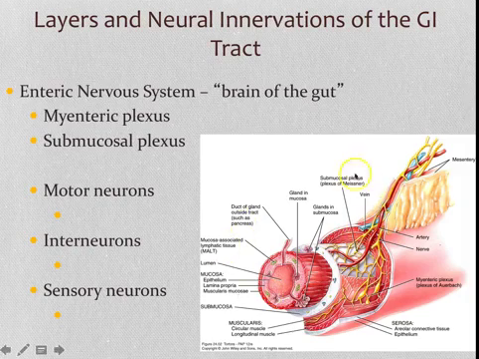So you also have something called the enteric nervous system, the brain of the gut. It's actually pretty impressive.